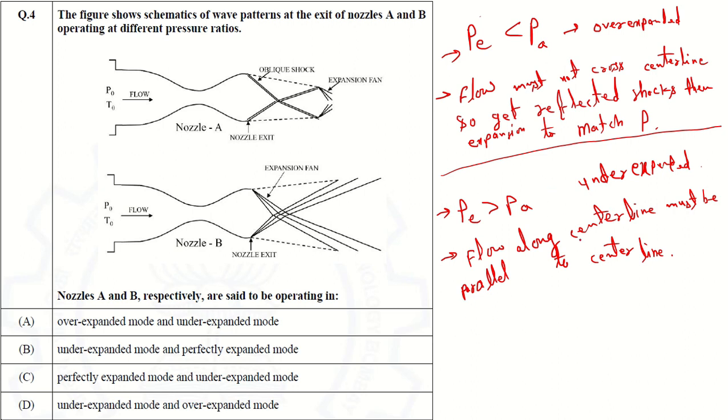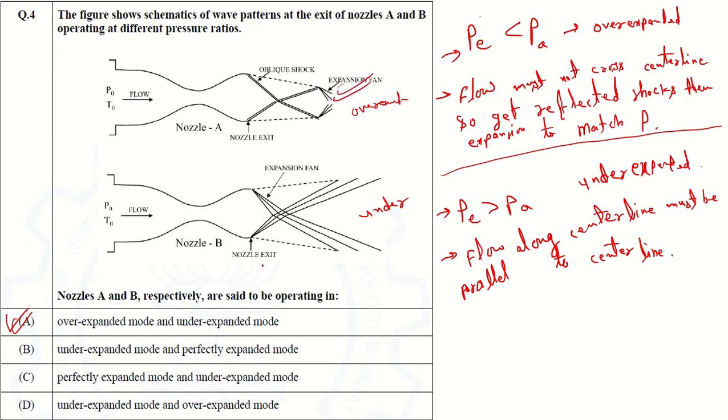So according to this, we have option A, because the first one is overexpanded and this one is underexpanded. Here you will see the flow is not crossing the center line, so we get reflected shock, then expansion to match pressure.